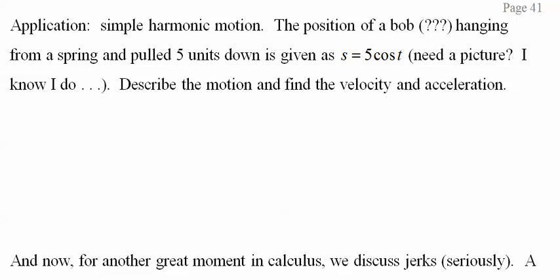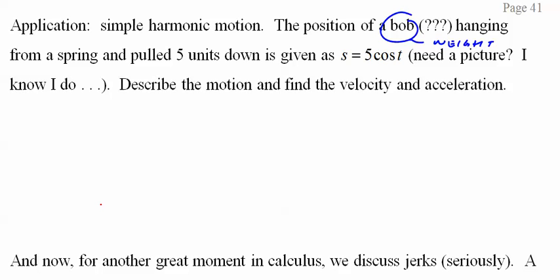So here's an application for simple harmonic motion. The position of a bob, and that's just a weight hanging from a spring. Pull 5 units down, and then it starts bouncing up and down. The position is 5 cosine of t.